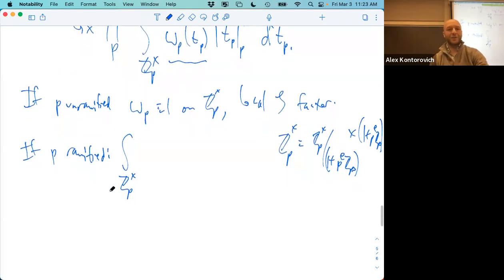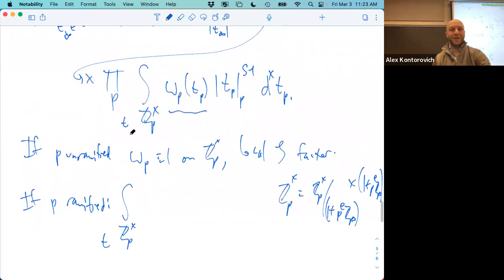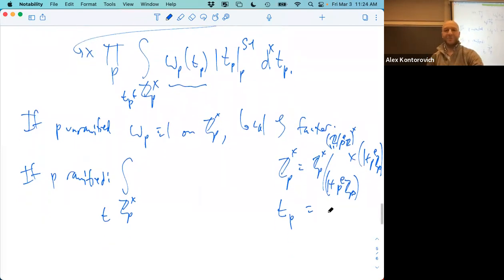In other words, as I integrate over tp in Zp cross, I can write any tp as, by the way, what is this quotient? Yes. It's Z mod p to the e Z cross. Okay, so I can write it as, let's call it M, in Z mod p to the e Z cross, times 1 plus p to the e U. Well, it's not U. I'll call it U anyway, but U now is not a unit, it's just an element of Zp.